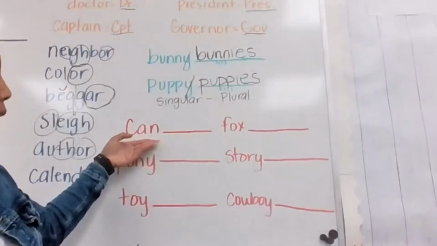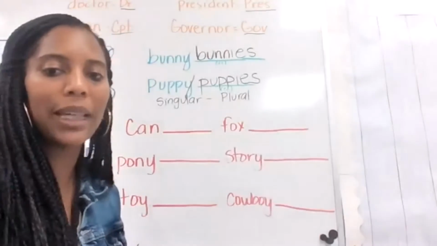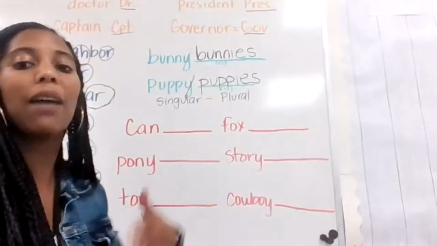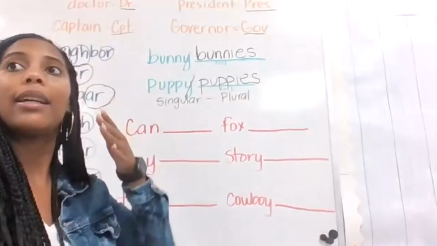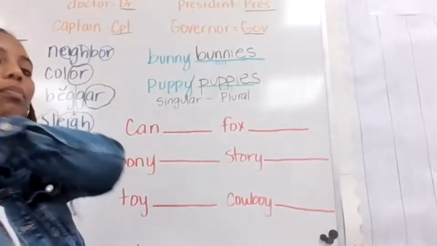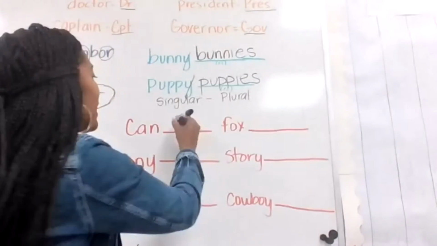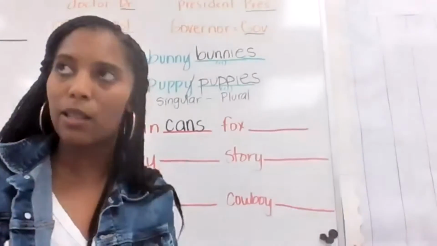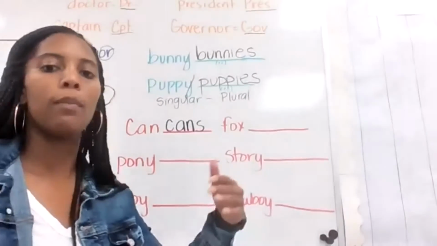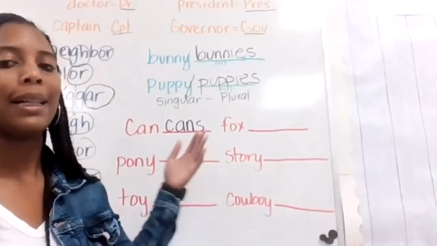So I have can, and I want to turn it into cans. Instead of a can of beans, I want to say I had 5. How would I say plural can? C-A-N-S. So I just add an S. So most of the words, we simply add an S to make it plural. It'll be singular without the S. Then when we add the S, it makes it a plural noun.